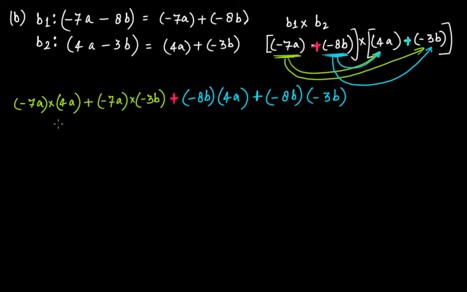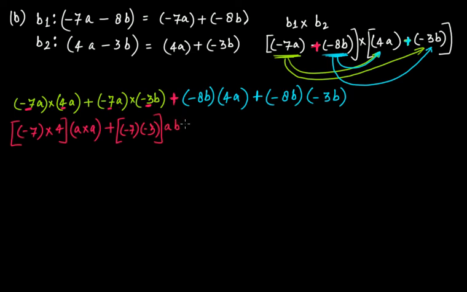Now here you have minus 7 and you have this 4, so minus 7 multiplied by 4, and then you have a multiplied by a, plus sign. This is minus 7, this is minus 3, so minus 7 multiplied by minus 3, then you have a and b.